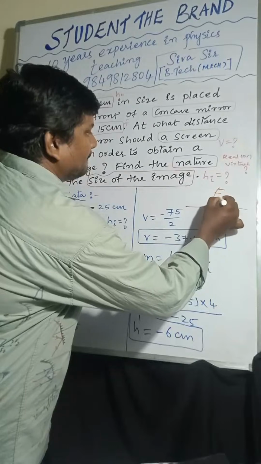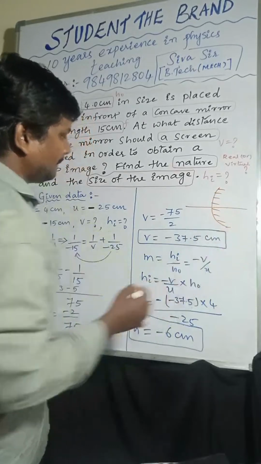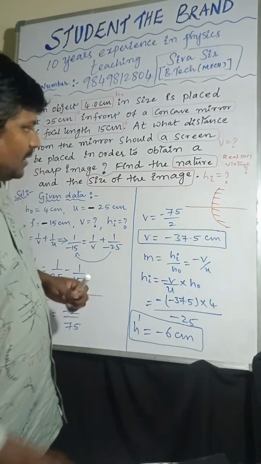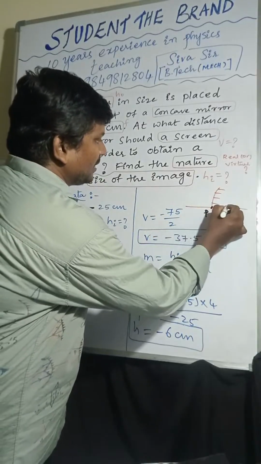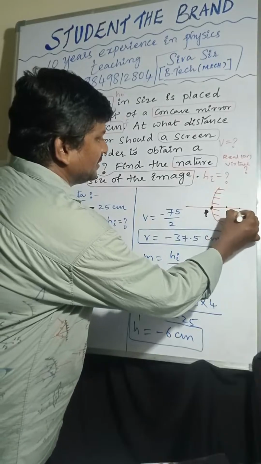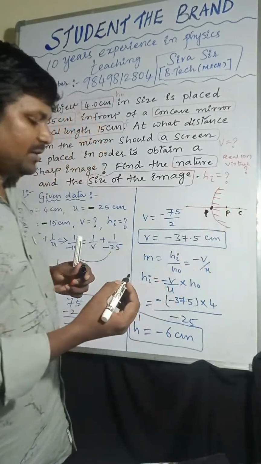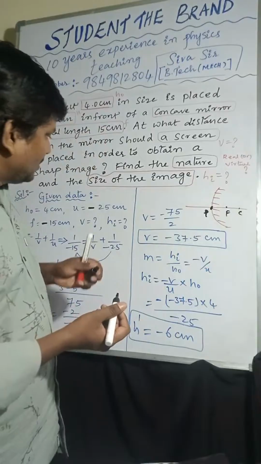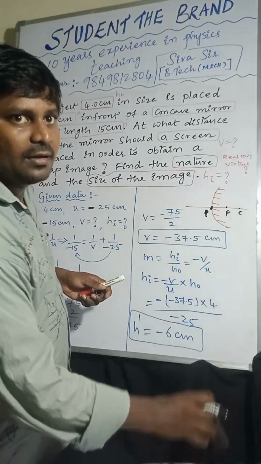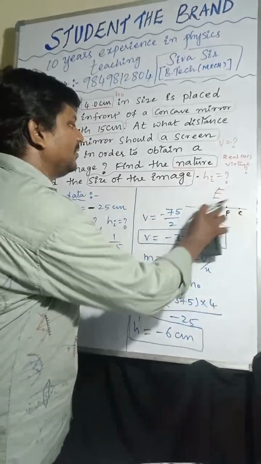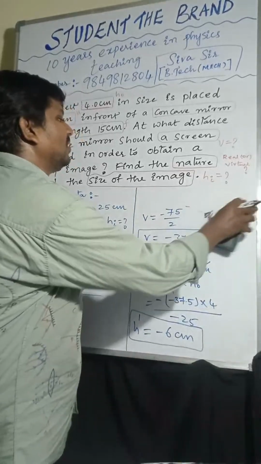Now you can see this is the pole, focus, center of curvature. Now, is that a convex or concave mirror? What mirror is given? Concave mirror is given.